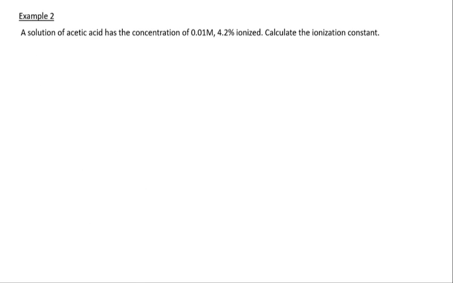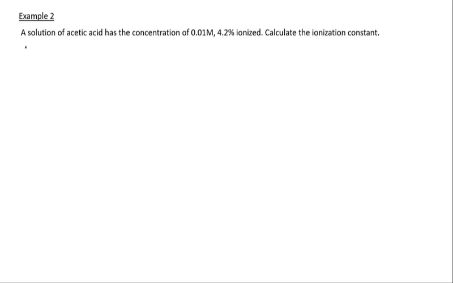Example number 2. A solution of acetic acid has the concentration of 0.01 molar. 4.2% of it ionized in aqueous solution. We have to calculate the ionization constant, or the Ka. So let's go ahead and see how we can solve this problem.